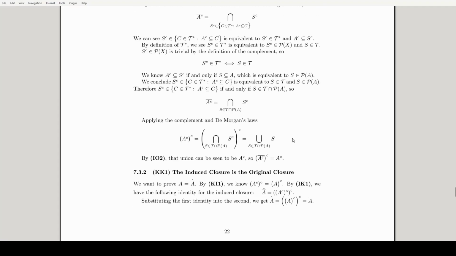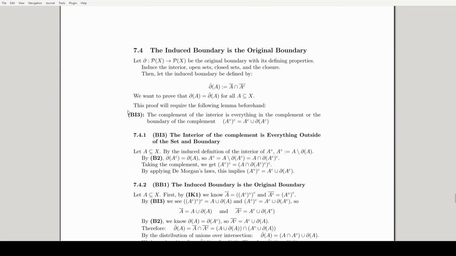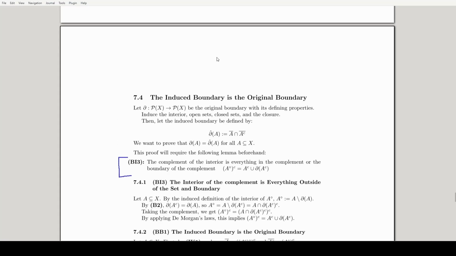Okay. And then the induced boundary is the original boundary. This has this little theorem, which is basically saying that the closure is the union of the boundary and itself.